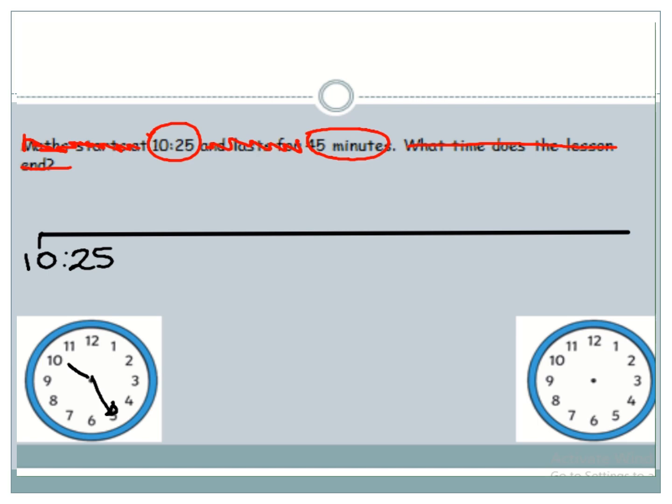So I think the best way to do this would be from 10:25. If you do 5 minutes, that gives you 10:30. So 45 take away 5 would be 40. So then we can do another jump to plus 30, which will take you to 11 o'clock.